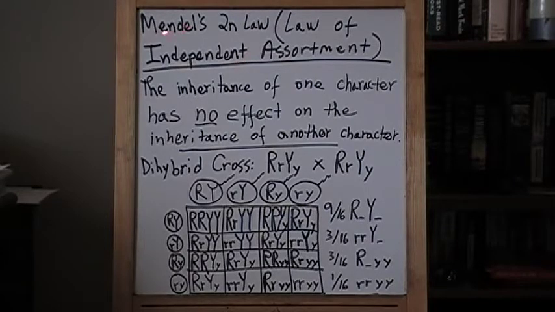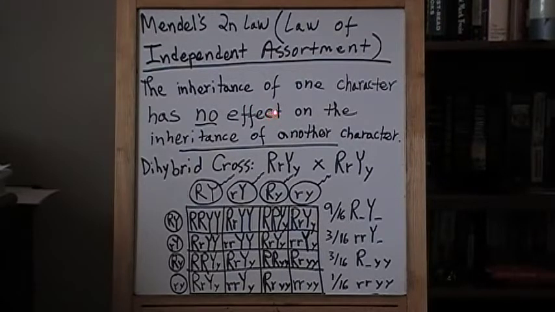Now we move on to Mendel's second law, the law of independent assortment. It says that the inheritance of one character has no effect on the inheritance of another character. Or put another way, each pair of alleles separates independently of other pairs of alleles during gamete formation.